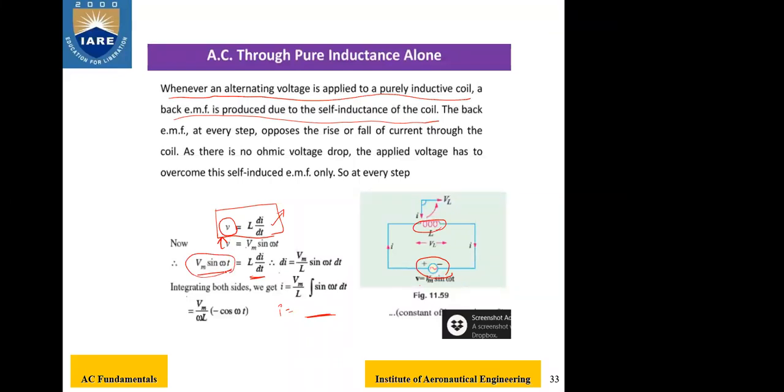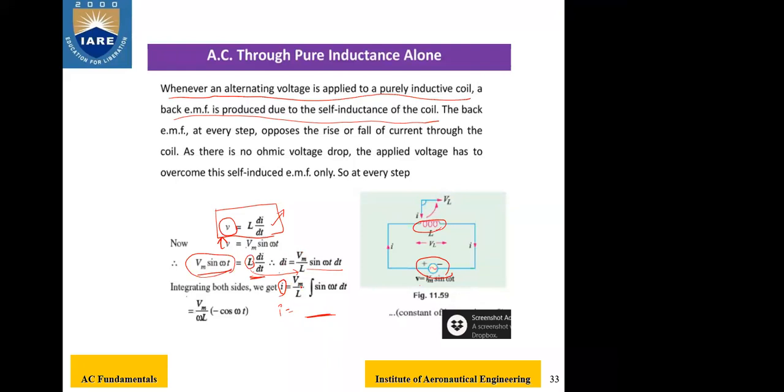V is equal to Vm sin omega t was given as an excitation here. Substitute here. So what is di here? Vm sin omega t into dt by L. Here we are getting 1 by L. So integrate this, and we are getting I.